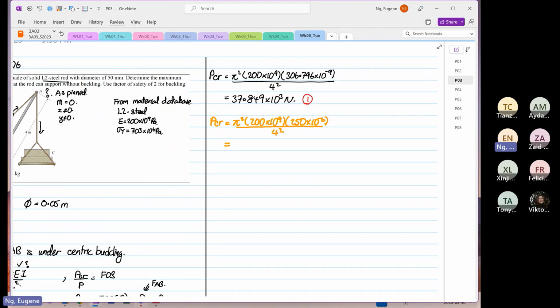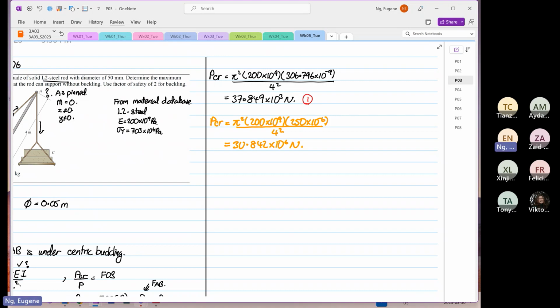So when you calculate it, pi squared times 200 power 9 times 250 power minus 6 divided by 4 divided by 4, if your answer is 30.842 times 10 to the power 6 Newton, for example, okay?